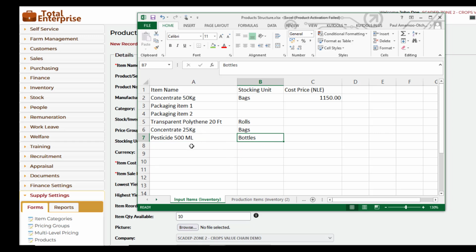Now if you feel lazy and all you do in your setup is just record concentrate, the question is, if you buy the concentrate today, let's say you ordered 10 bags of the 25 kg, as I said earlier, and tomorrow you feel like you want to buy more, you have more money now, you want to buy the 50 kg because you feel there's better value with the 50 kg.